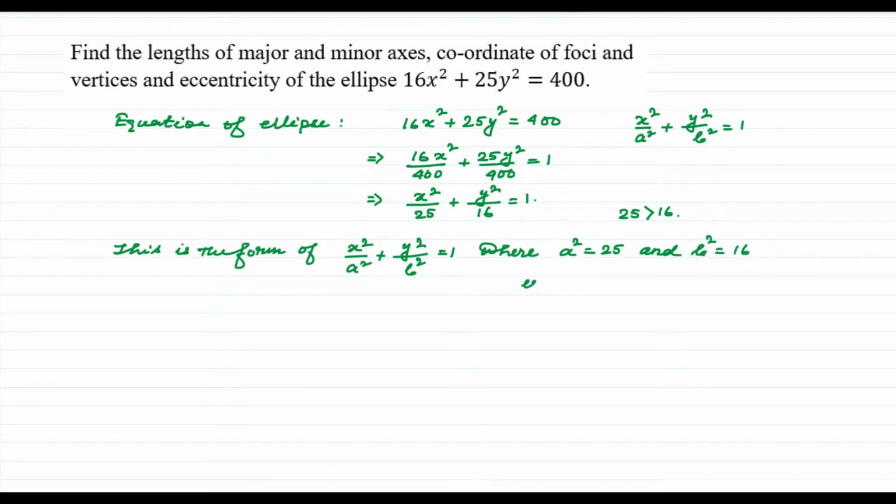So a gives 5 and b is 4. We should take only the positive value because a and b are the half of the length of major and minor axis. So clearly we are getting a greater than b.